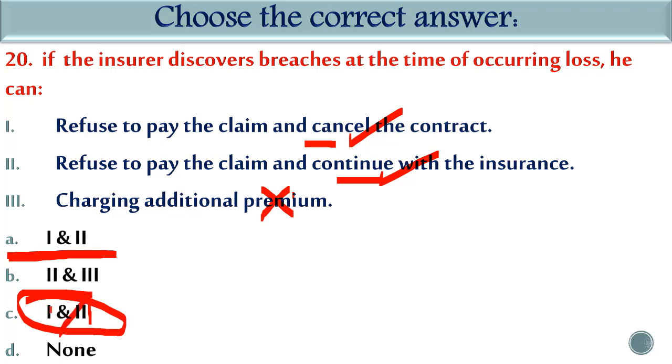It isn't the correct answer, number A is the correct answer. Refuse to pay the claim and cancel the contract. Refuse to pay the claim and continue with the insurance. Number 1 and number 2. Number 3 isn't true. So 2 and 3 isn't true, and 1 and 3 isn't true.